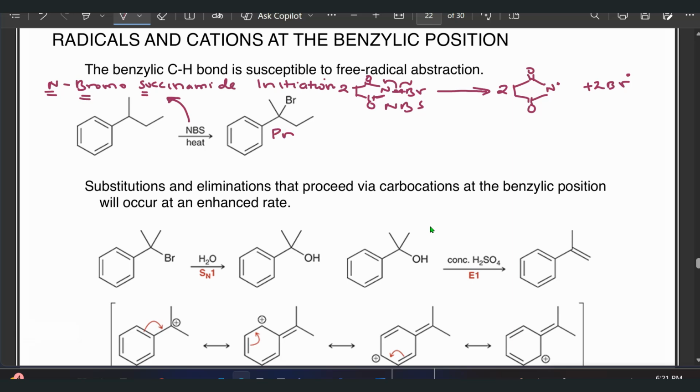Anyway, then we're going to do the P step, which is propagation, where you're going to find your benzylic hydrogen and pull it out by homolytic cleavage, to give you a very stable benzylic radical.